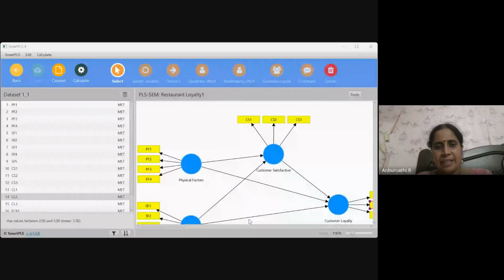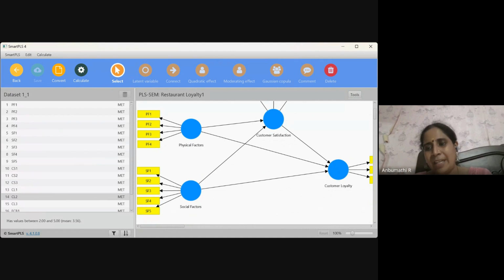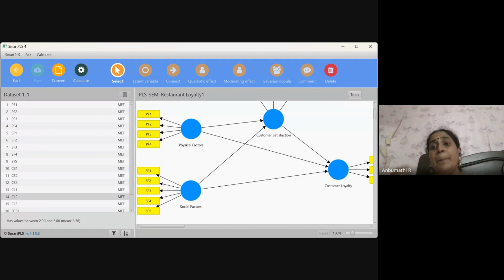That is the data set we personally collected for one of our earlier studies. The study was about restaurant loyalty, how the loyalty of the customers is built up.